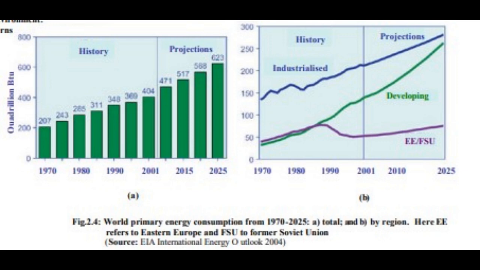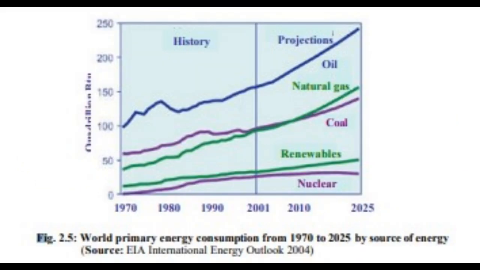In the transitional economies of Eastern Europe and the former Soviet Union, EEFSU, growth in energy demand is projected to average 1.5% per year. However, in the developing world, primary energy consumption is projected to grow at an average annual rate of 2.7% between 2001 and 2025.